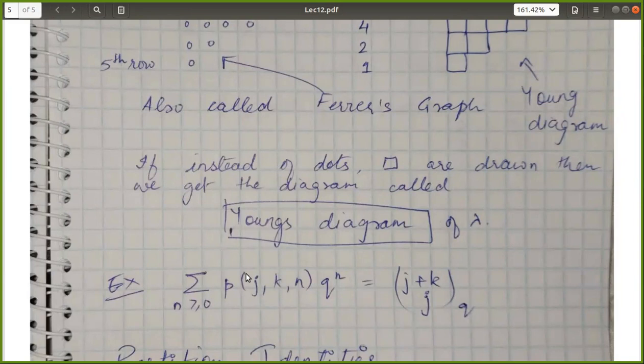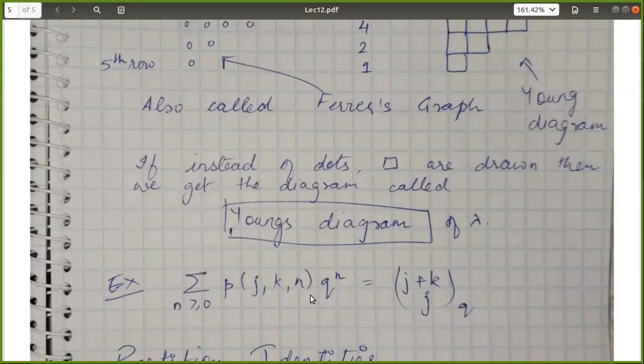Generating function. So this is a generating function for p_{j,k}(n). Okay, and the value turns out to be the q-binomial coefficient, j plus k choose j. Is that okay? Yes. So this is another exercise.